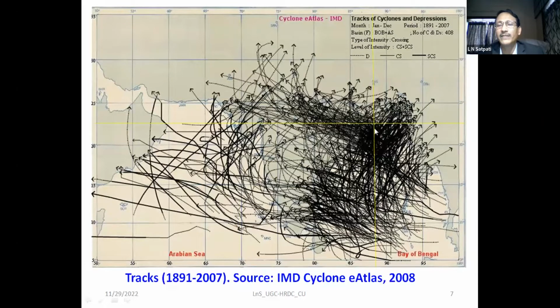So this part is definitely going to be, it is black. During 1891 to 2007, in the cyclone atlas and the recent cyclones also, we have found that this region is covered by more than 70 to 80% of cyclones.